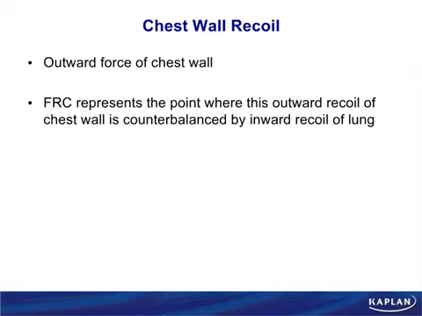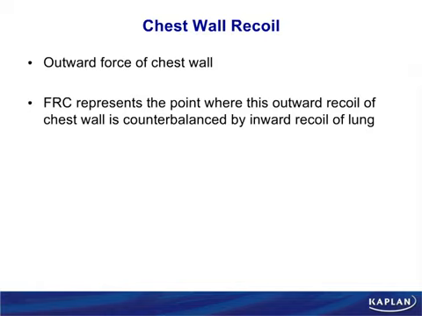Nothing's moving. In a tug-of-war, the rope is not moving. That represents FRC. Notice what determines FRC. It is determined by the outward recoil of the chest, balanced by the inward recoil of the lung.